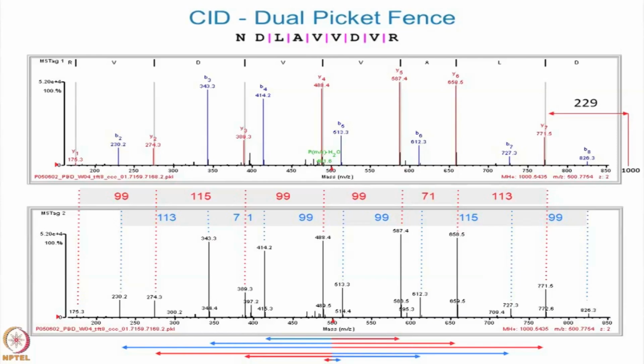Okay, so the sequence is complete with exception we don't know the order of N and D. Okay, so from a pure de novo standpoint, we don't know whether it's ND or DN. Okay, but if we then add the requirement that this peptide has to come from the human proteome, turns out only one of those two choices is present. Okay, right, and so it's the ND part.